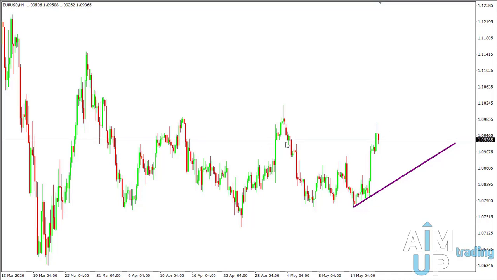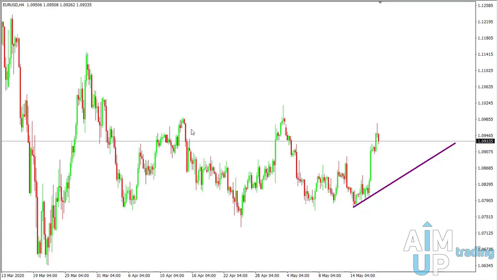Now what we can do, basically right now we can just stay away from the market, and we might enter a trade again if we have a touch of this trend line. So what we can do here, technically there's not much to be done anymore on this particular currency pair.